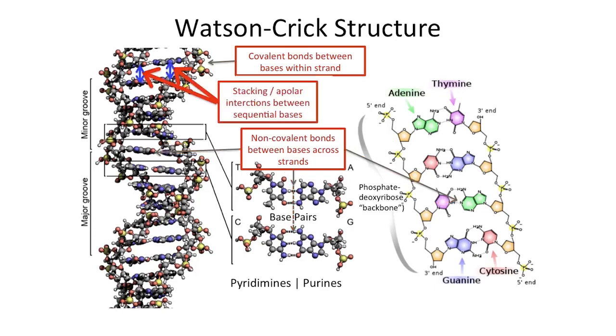There are also apolar stacking interactions indicated by the arrows that stabilize the structure. That is, there are higher energy bonds holding the sugar phosphate linkages of the backbone compared to the non-covalent interactions between the base pairs.